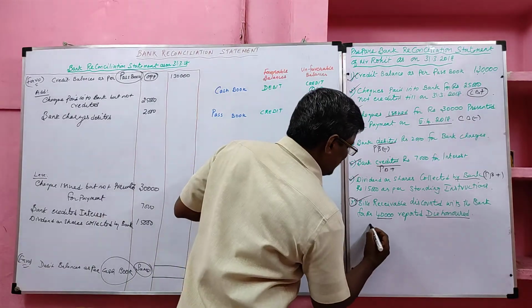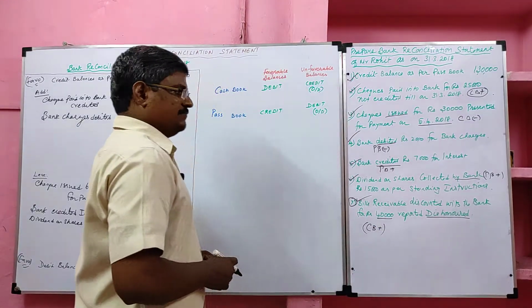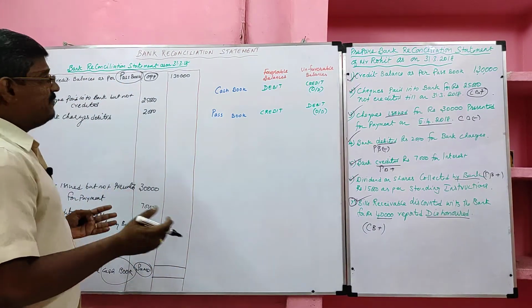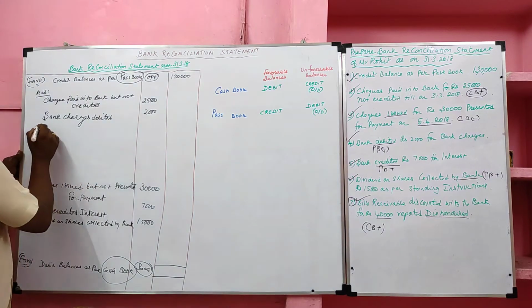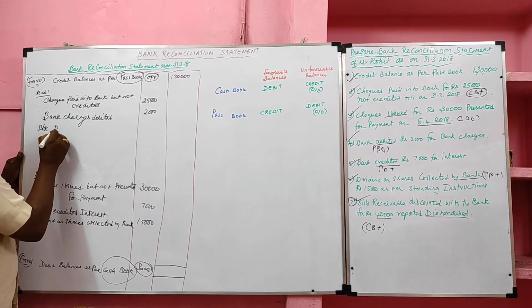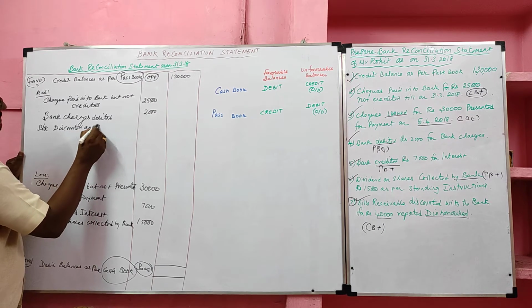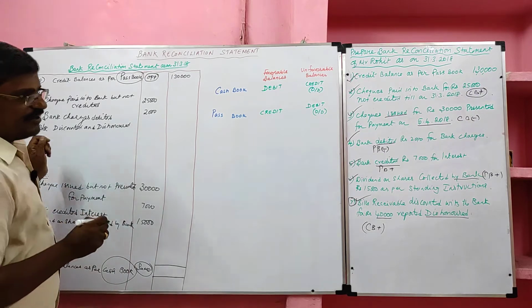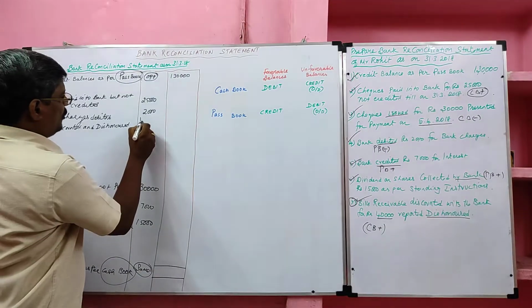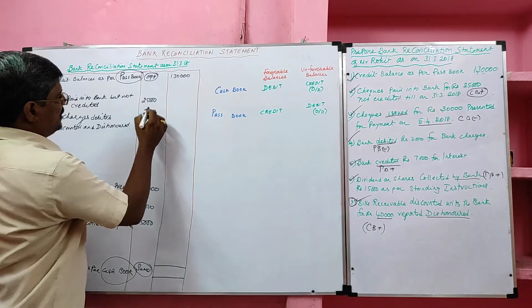It was in the cash book, it was added. What are we supposed to do? For cash book we should give same effect. So bills receivable discounted and dishonored. The value of check how much? 40,000.